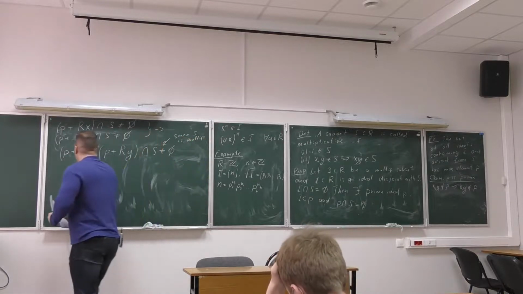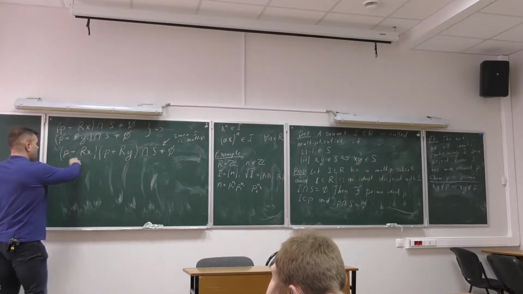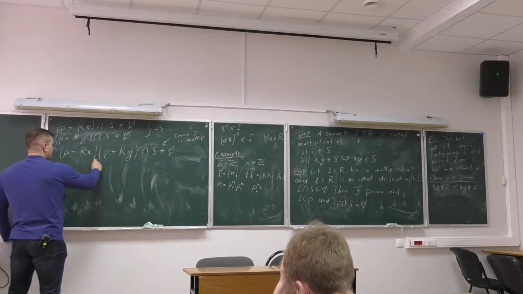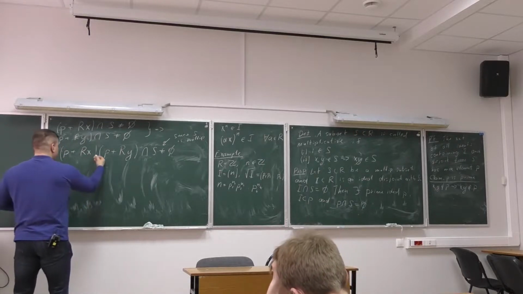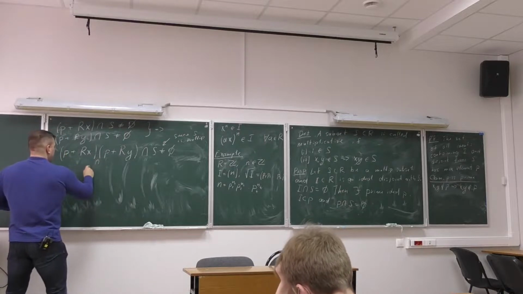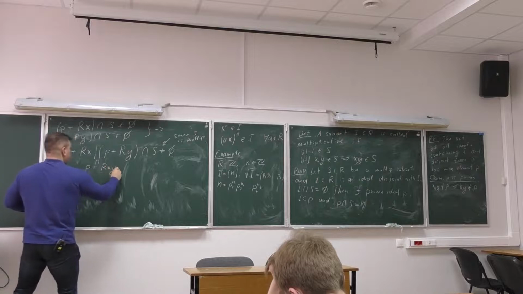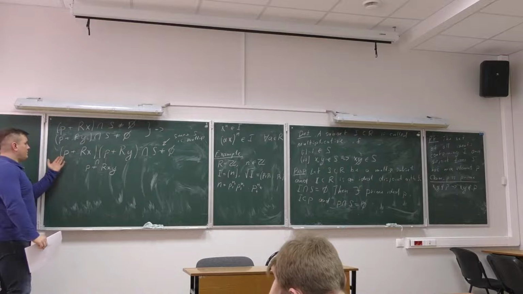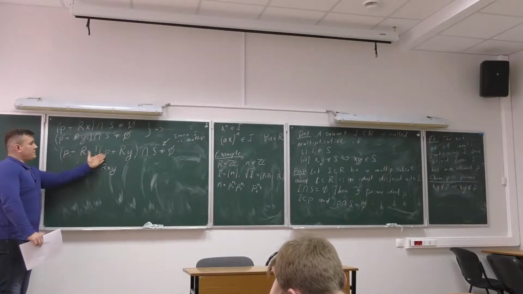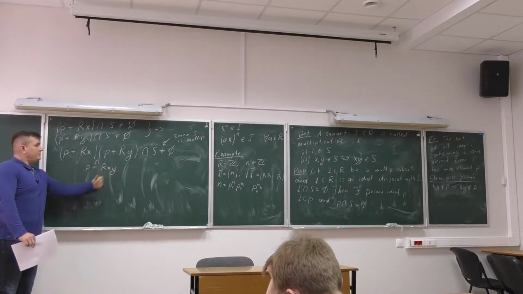Okay, but on the other hand, I can just look at this product and open brackets. This will not be exactly equal, but at least I can say that this is contained in P plus Rxy. I've opened brackets, so a product of something from P and P will be in P, Rx and P will be in P, Ry and P will be in P, so the only non-trivial part will be this one.